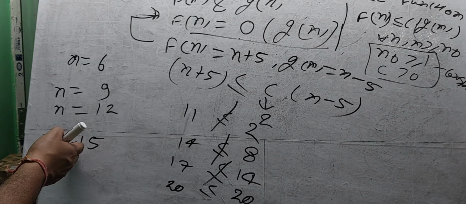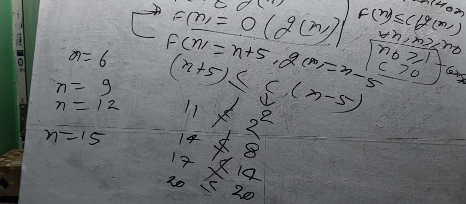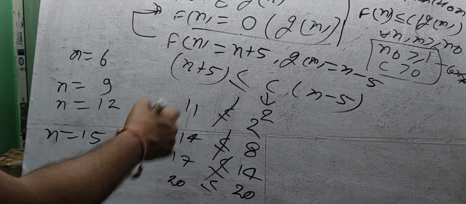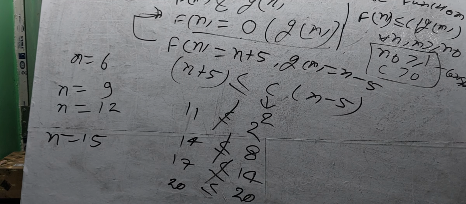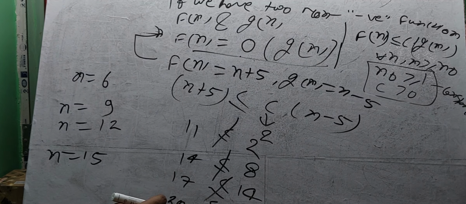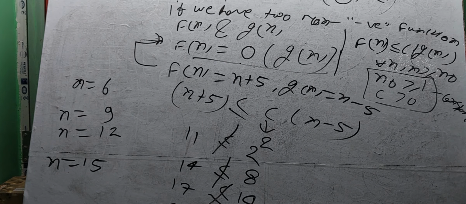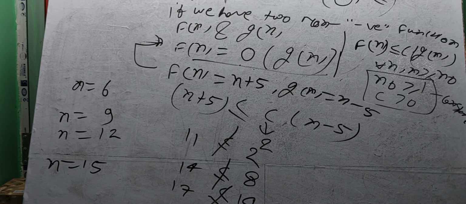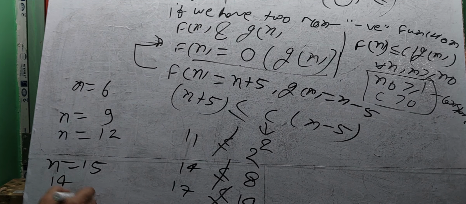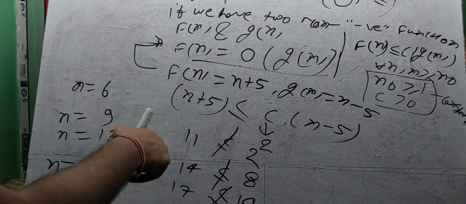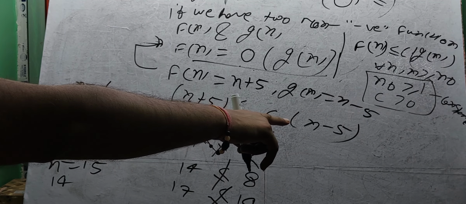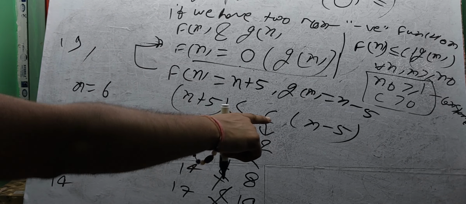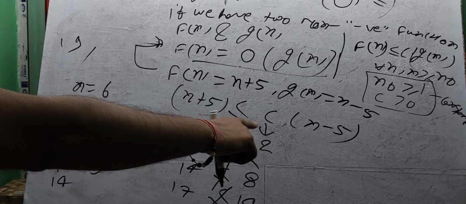So if we take any value less than 15, then we can't write f of n is big O of g of n, because for values less than 15 the value of f of n is greater than g of n. If you want, take 14: 14 plus 5 is 19 on the left hand side, and 14 minus 5 is 9, 9 into 2 is 18.